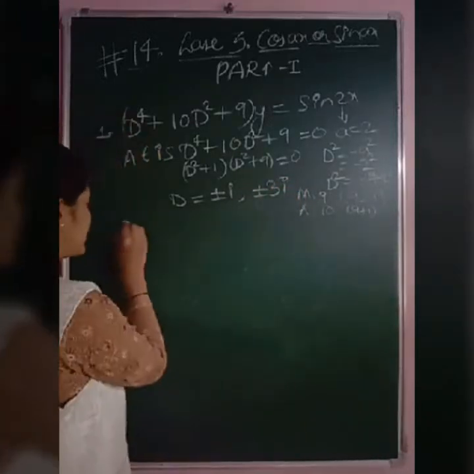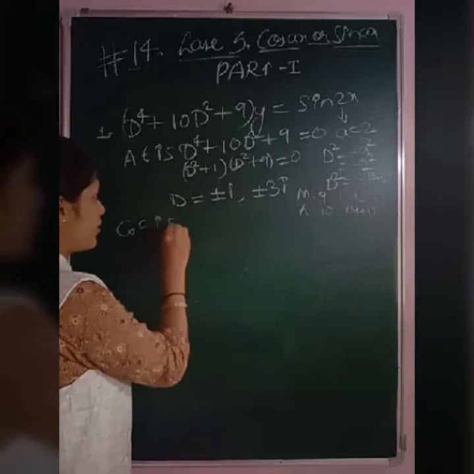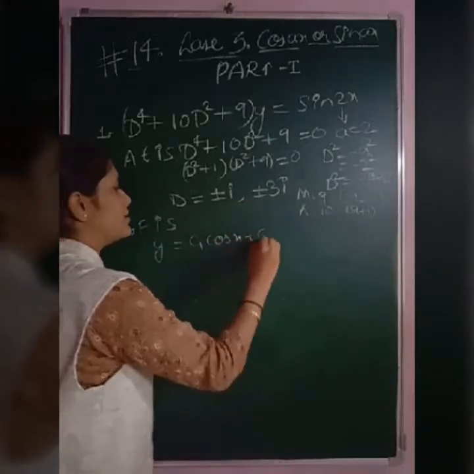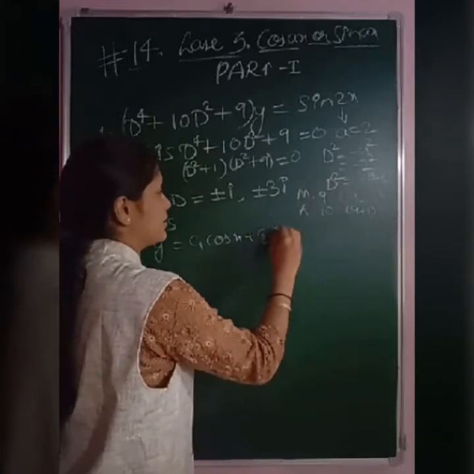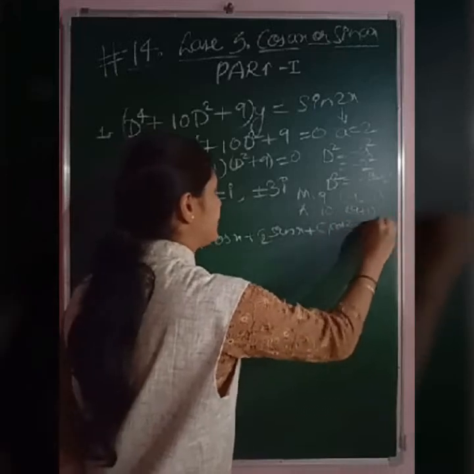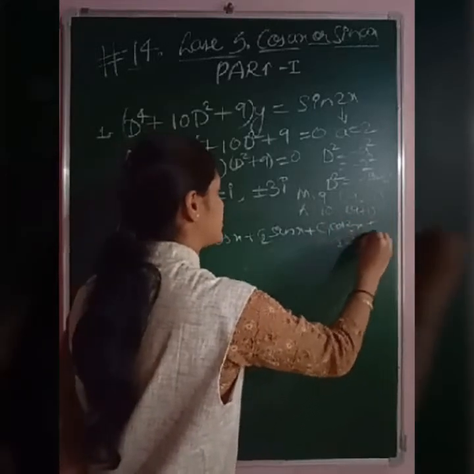So the complementary function is y equal to c1 cos x plus c2 sin x plus c3 cos 3x plus c4 sin 3x.